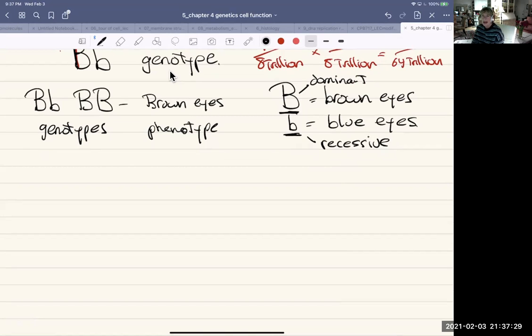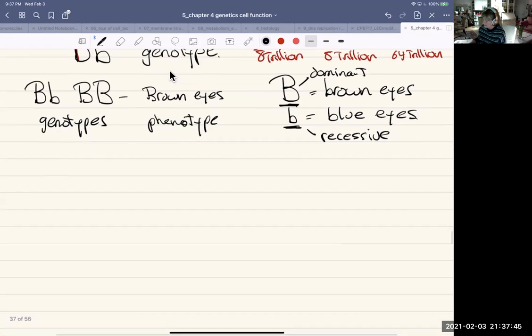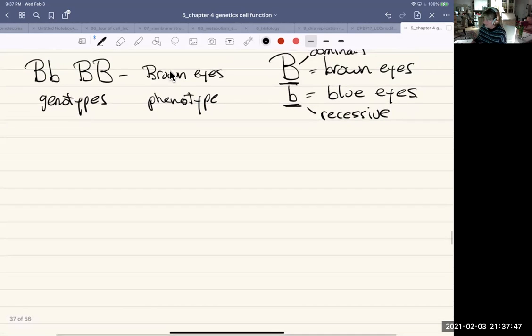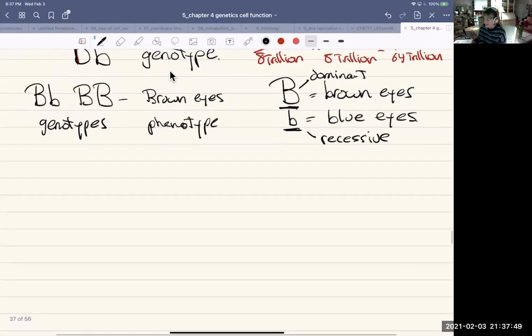I'm going to stick with eye color, even though eye color is actually more complicated than this, but it's kind of good to go with it anyway. There happens to be more than one allele for eye color. There's a green as well, but let's just go with this for now as an example. It's a good example to use.